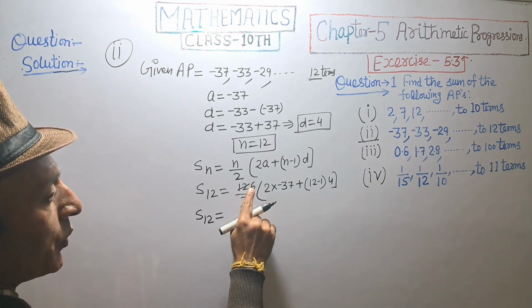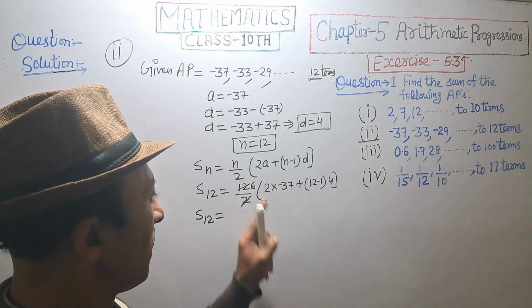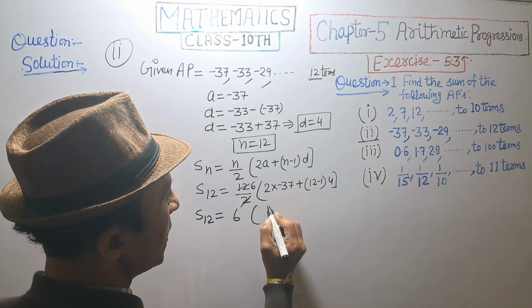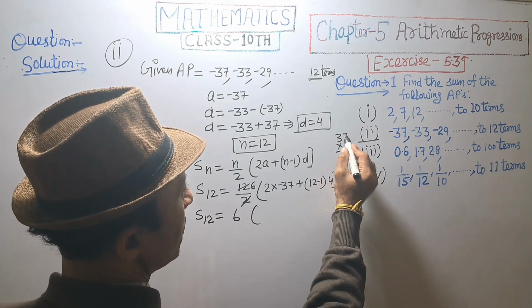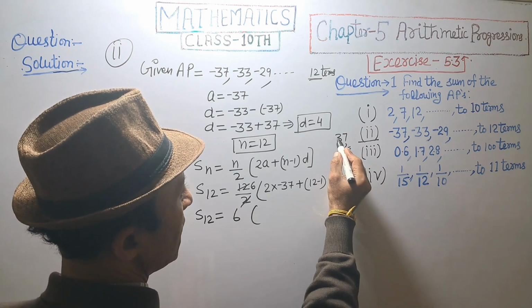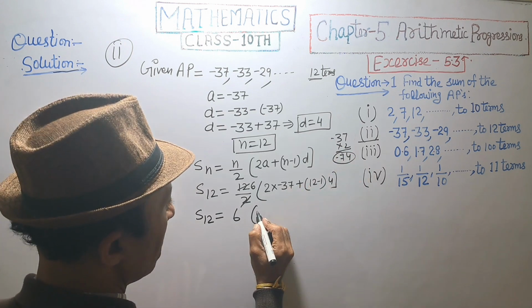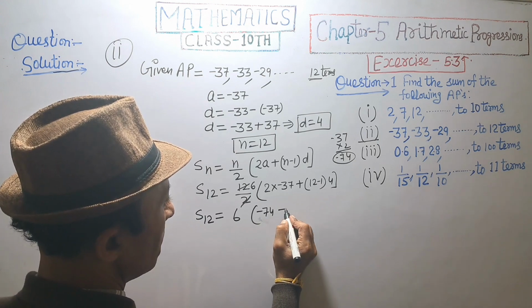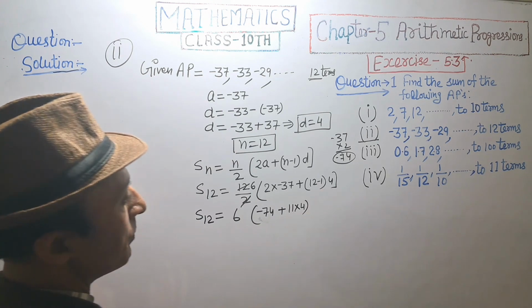So S12 is equal to 12 divided by 2 is equal to 6, and 6 into 37 multiplied by 2 is equal to 74, so minus 74 plus 11 into 4.